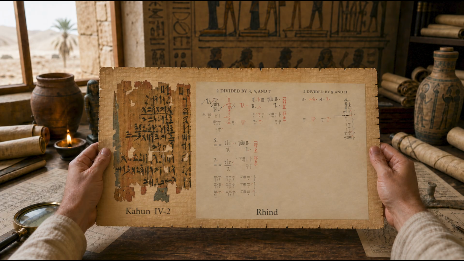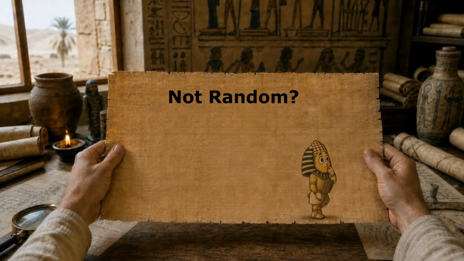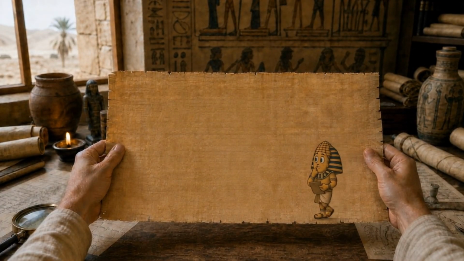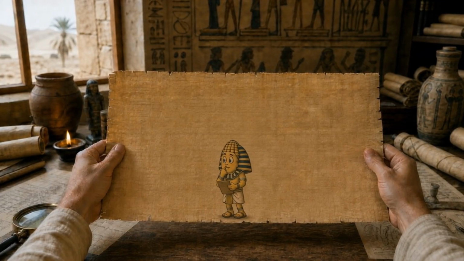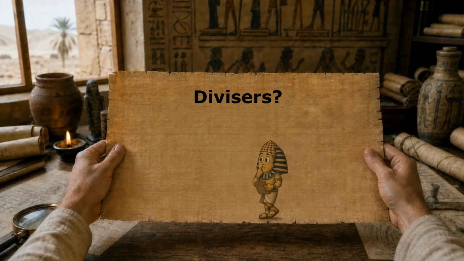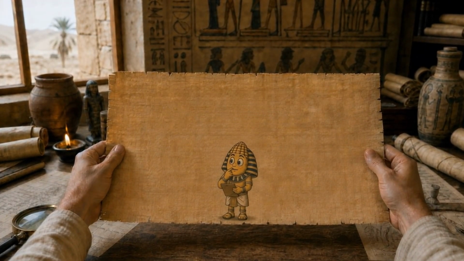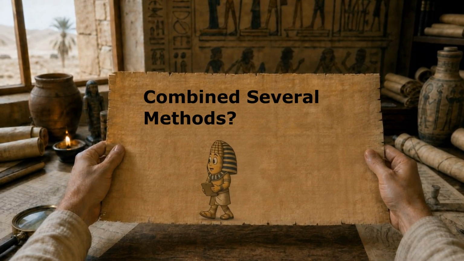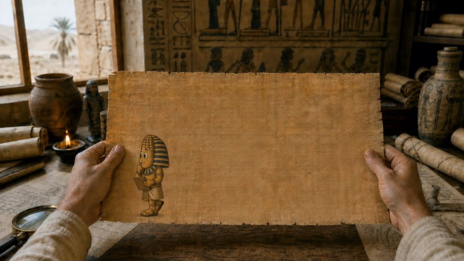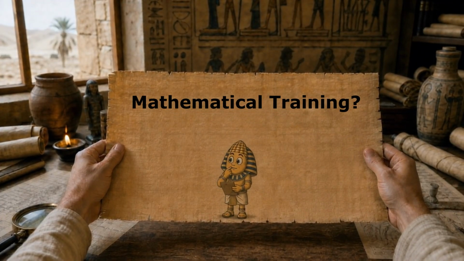At the very least, this tells us something important. These decompositions were not random, but we still do not know exactly how they were produced. Perhaps the Egyptians had an algorithm. Perhaps they used divisors. Perhaps they used common multiples. Perhaps they combined several methods. Or perhaps the results had become standardized through generations of mathematical training.